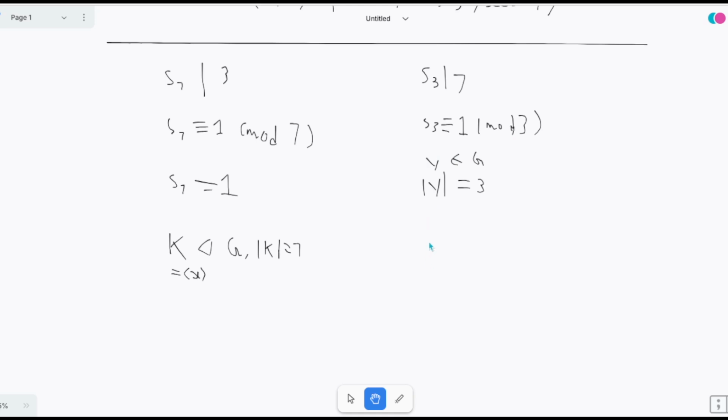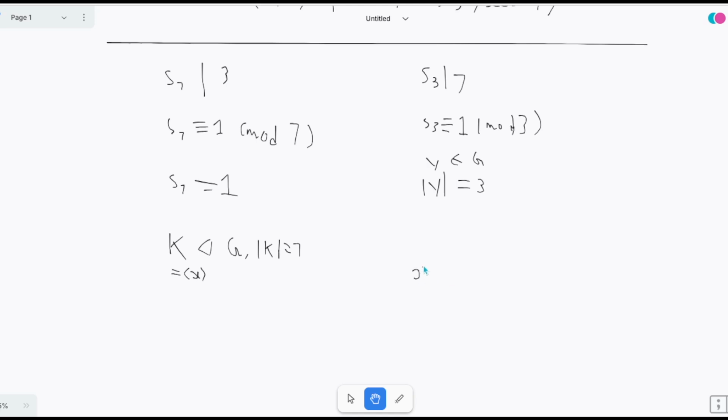So we have x as an element of order 7, and y as an element of order 3, generating these 7 and 3 subgroups respectively.